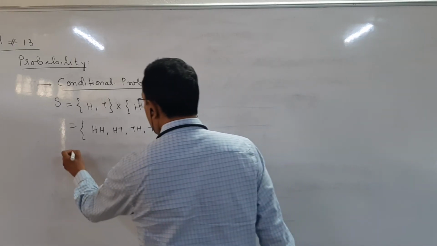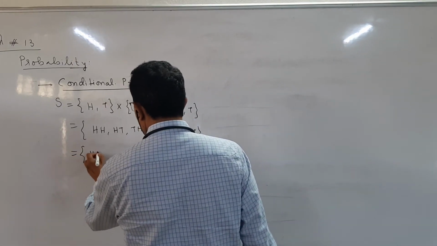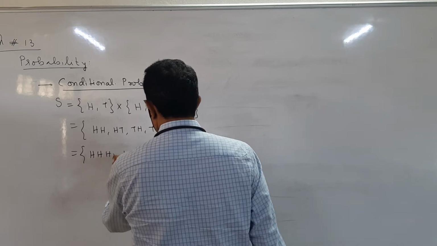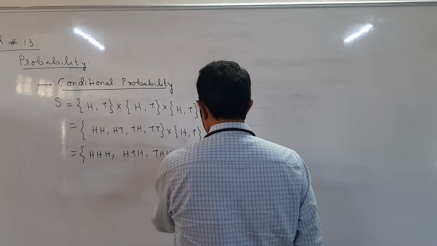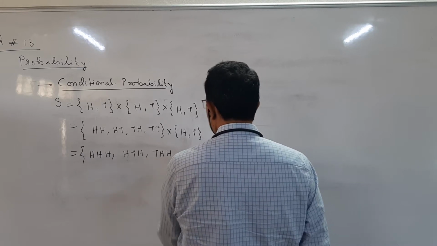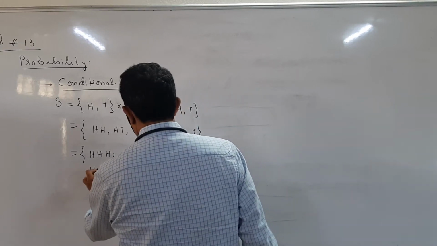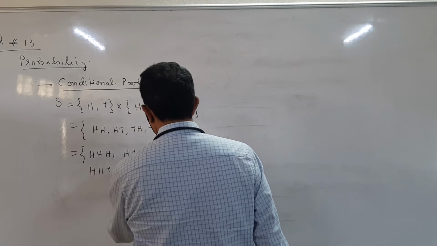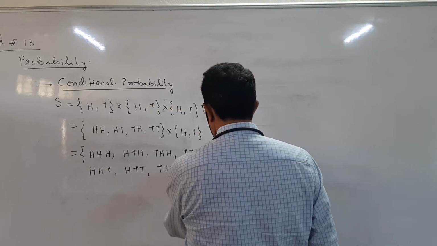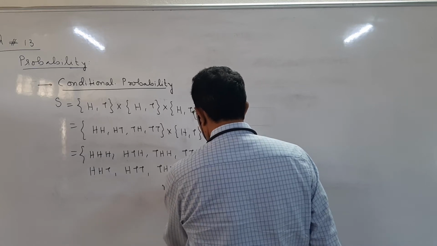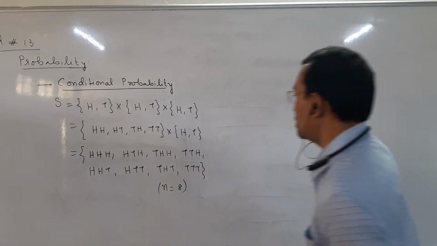Again, if I multiply, then I will have HHH, HTH, THH, TTH, then HHT, HTT, THT, and then TTT, that is n is equal to 8.